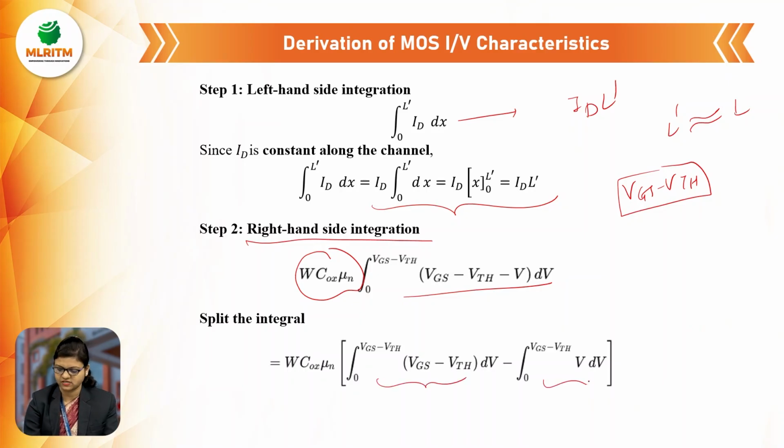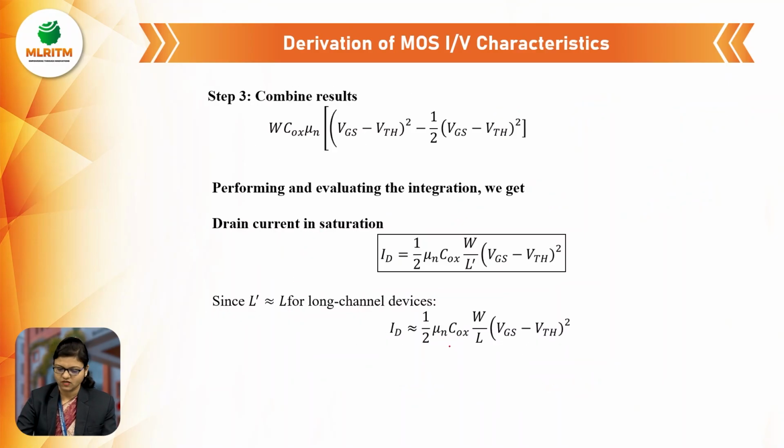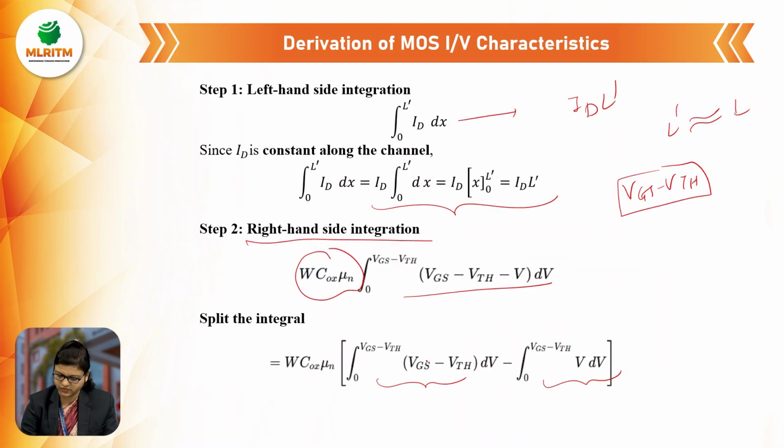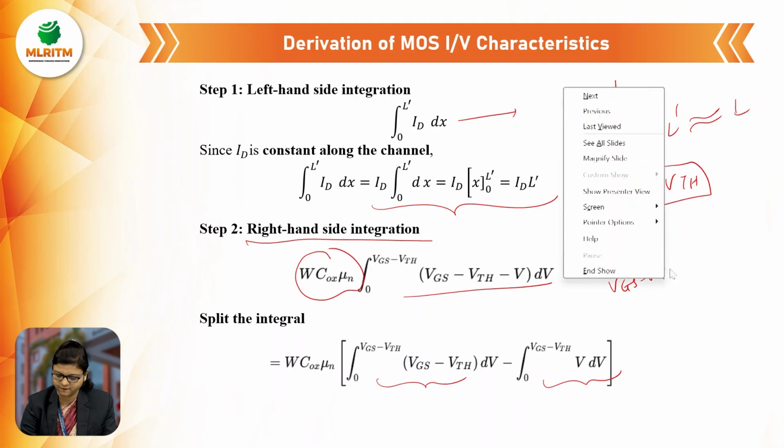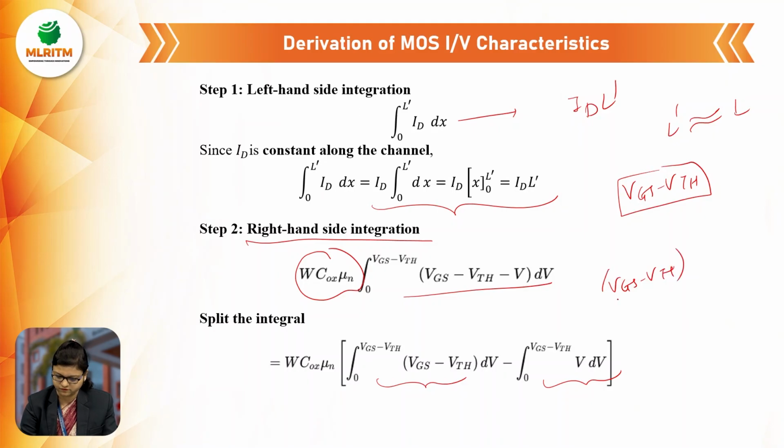Now again, after splitting the integral, this is the first part and this one is the second. Instead of VDS, we have to replace VDS by VGS minus VTH. So in the second term it will be VGS minus VTH whole square, and here also VGS minus VTH, by 2.